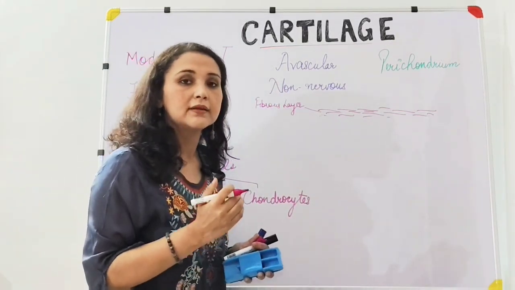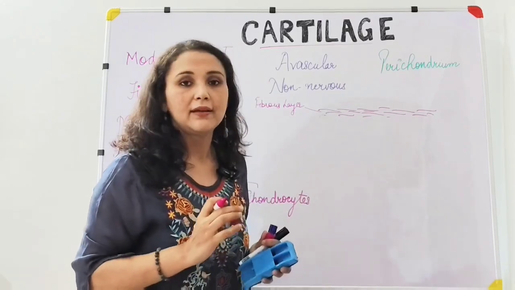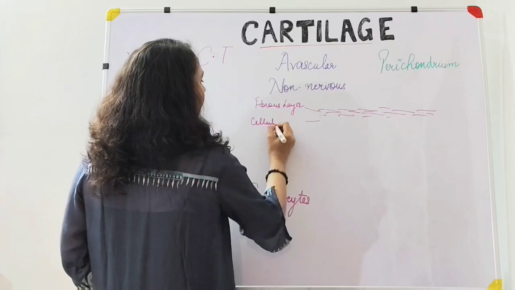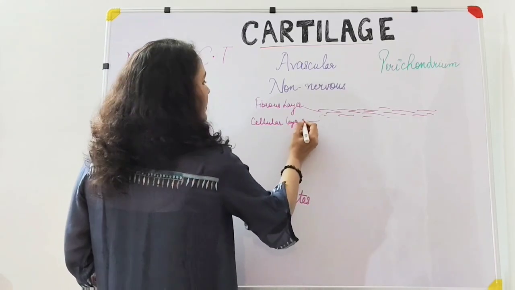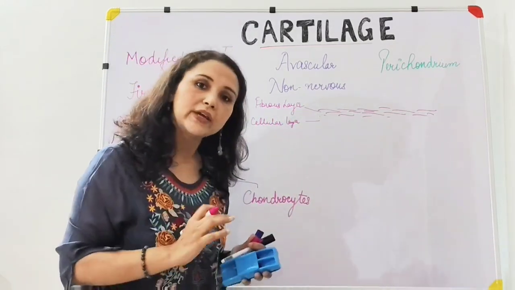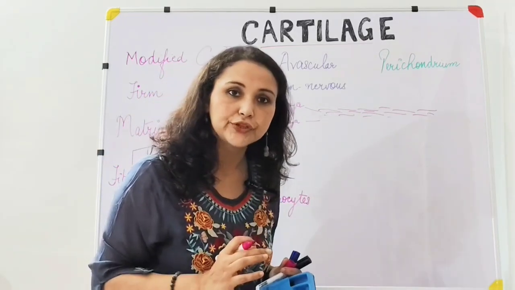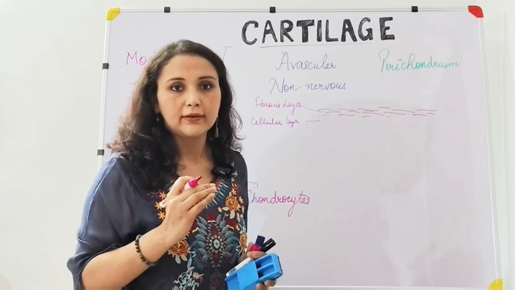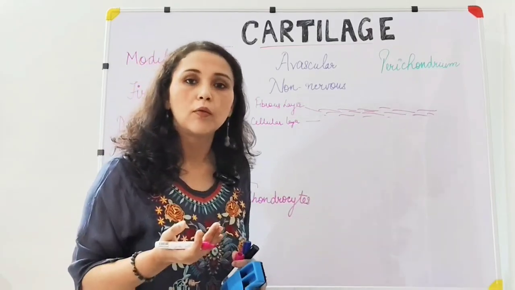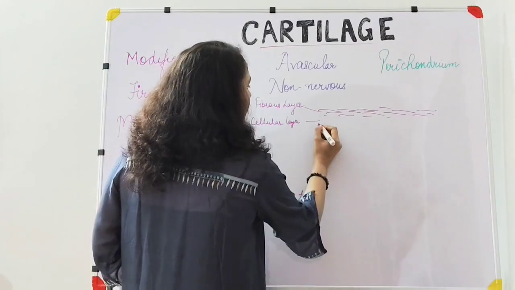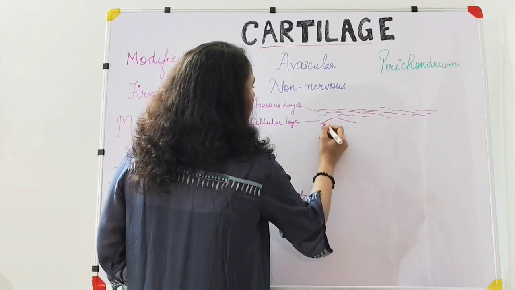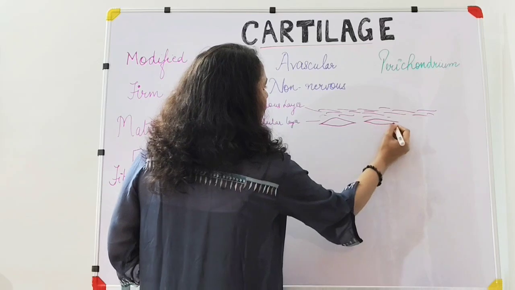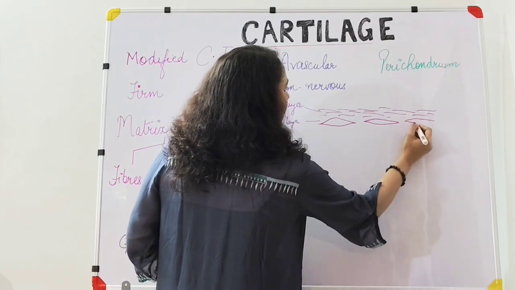And the inner one is the chondrogenic layer. That means the inner one is the cellular layer and it has the cells which are chondrogenic. That means they have the potential to form chondroblasts whenever required, that is, when they have to form more cartilage tissue. So we have the cells in the chondrogenic layer which are flat and have a dark nucleus.